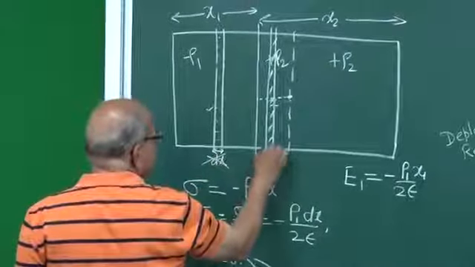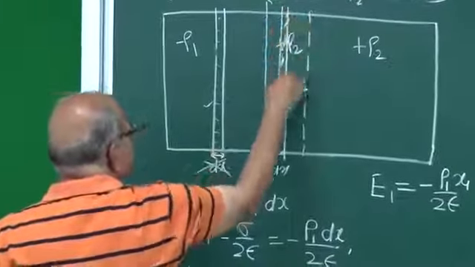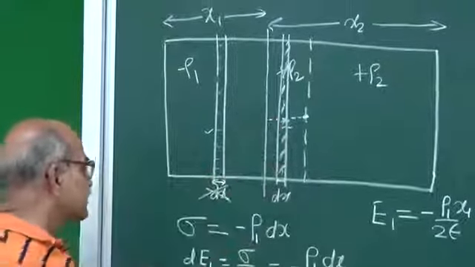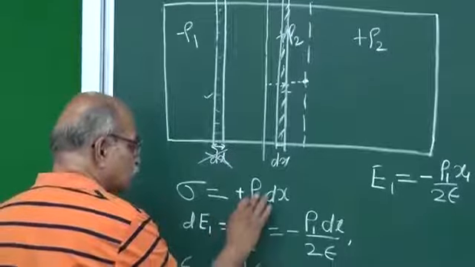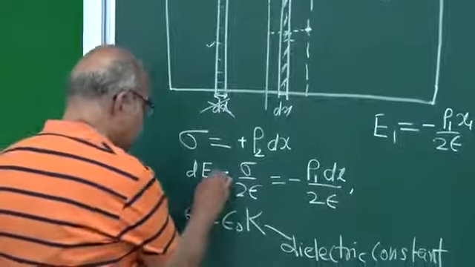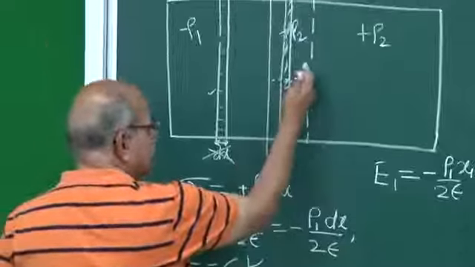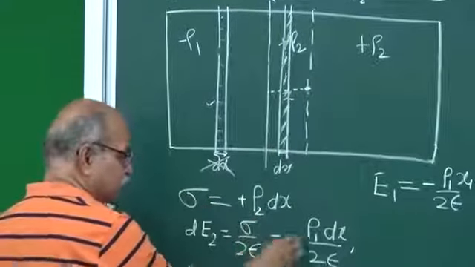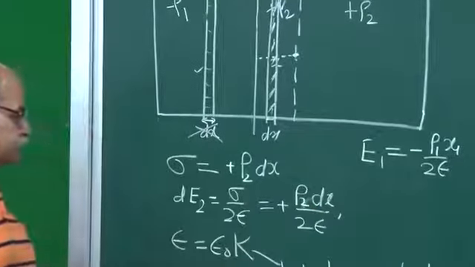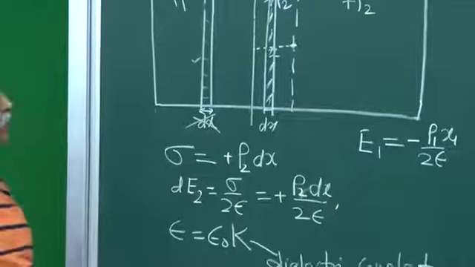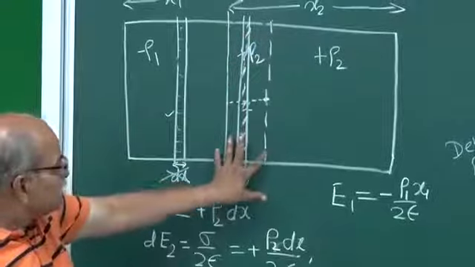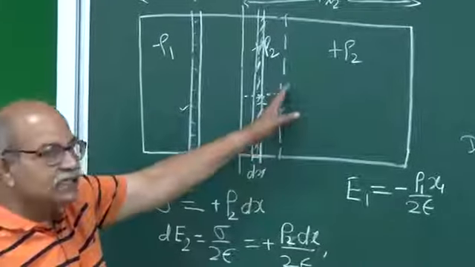So this dx I am taking, and once again you can treat this as a surface charge layer of surface charge density plus rho 2 dx, and dE2 will be, because of this, sigma over 2 epsilon, so plus rho 2 dx over 2 epsilon. So what is the electric field due to this part, which is positive charge plus rho 2 to the left of the point chosen?